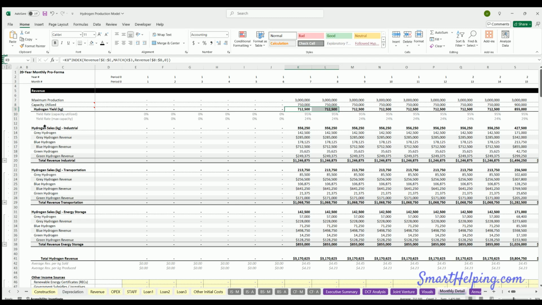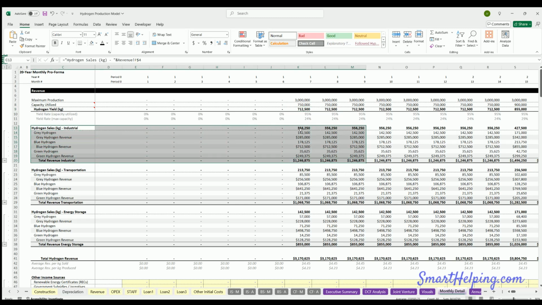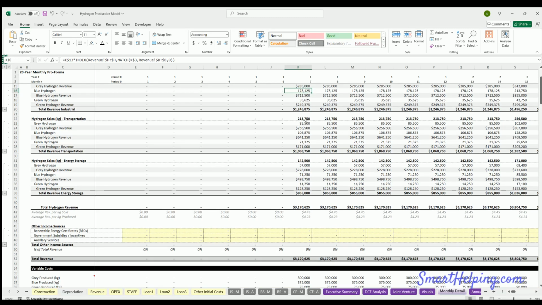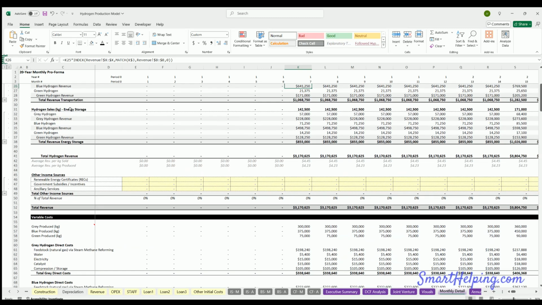Here is the industrial sales by type. So you've got your gray, blue, and green hydrogen, the amount and the price you're selling for. Same with transportation, the amount of kilograms per month that you're selling and the total revenue of that based on the prices. Same thing for energy storage customers, and then you've got your total hydrogen revenue.